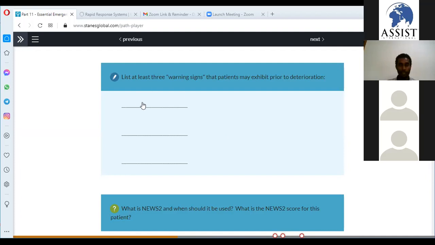These signs are easy to identify. They do not require extensive equipment, and include the respiratory rate, the pulse rate, the blood pressure derangement, the saturation, the mentation, because these are all what we mentioned previously. So these are the warning signs that we can see in a patient before deterioration.